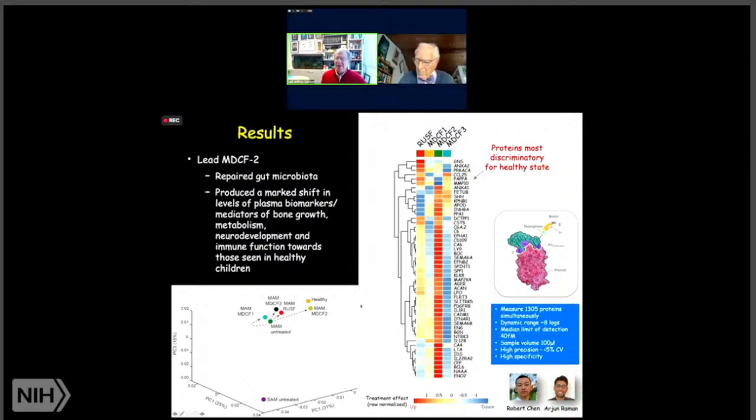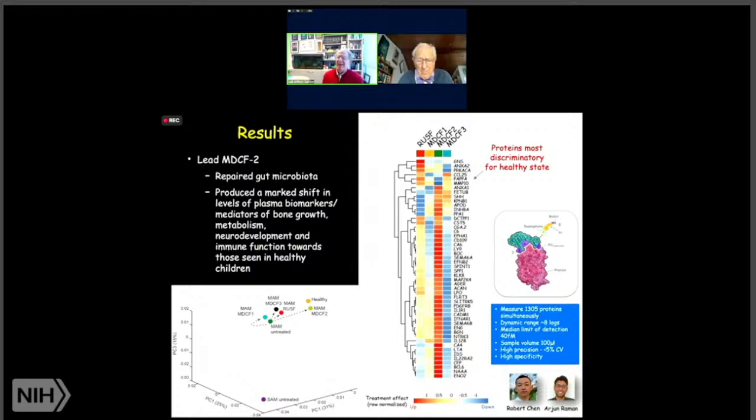Not only was there repair of the microbiota, but also a dramatic effect on the plasma proteome. And on the right side of this slide, you see a group of 50 proteins that were identified from this aptamer-based analysis of the plasma proteome of healthy children and untreated children with SAM as most discriminatory for a healthy state.